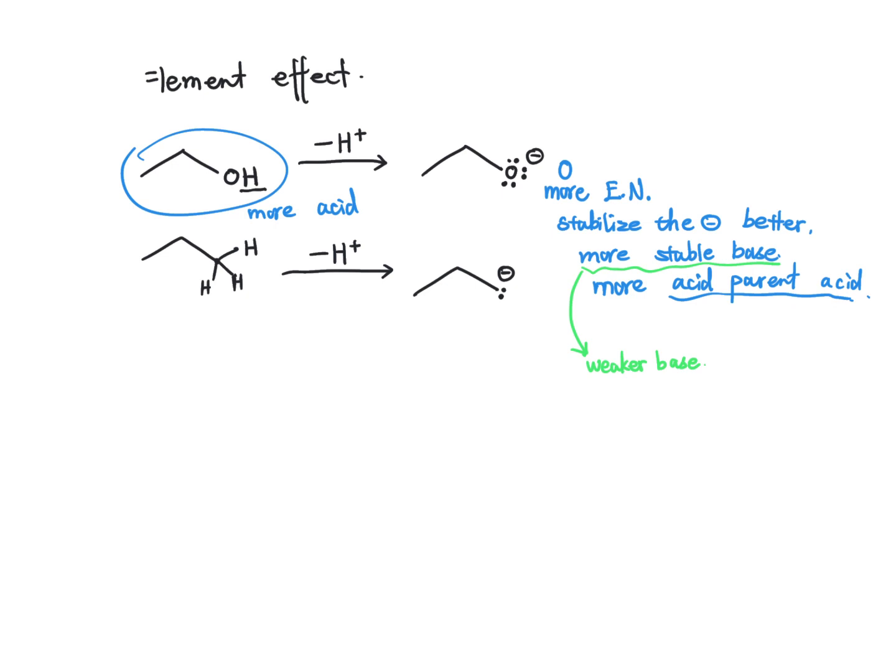And if we are looking at the element effect, if this proton is bound to a more electronegative atom such as oxygen, nitrogen, or fluorine, that hydrogen will be more acidic compared to the other hydrogens on carbons, for example. So that is the element effect.